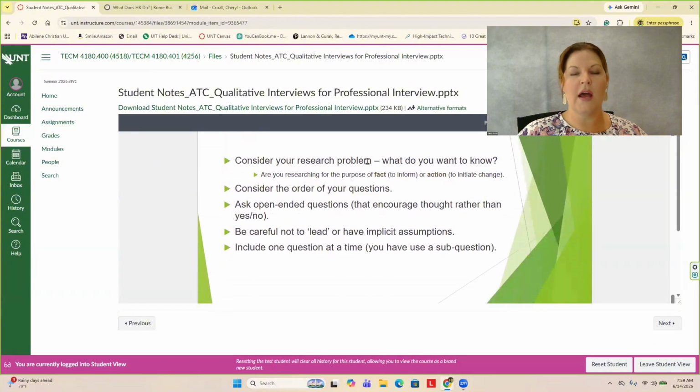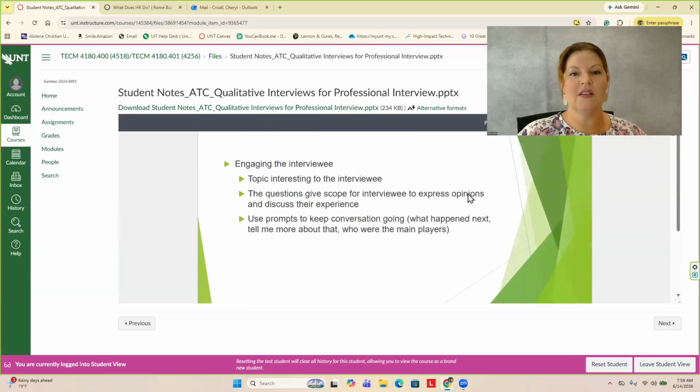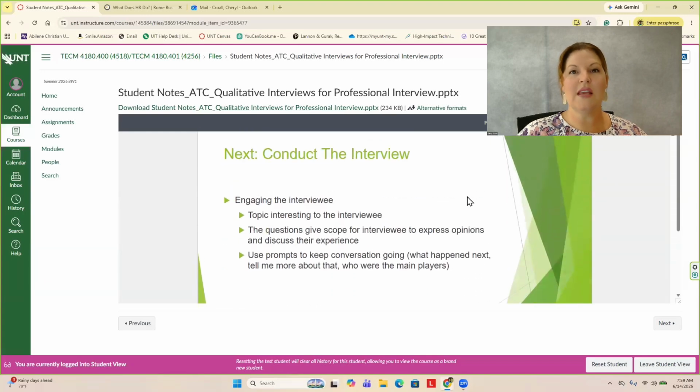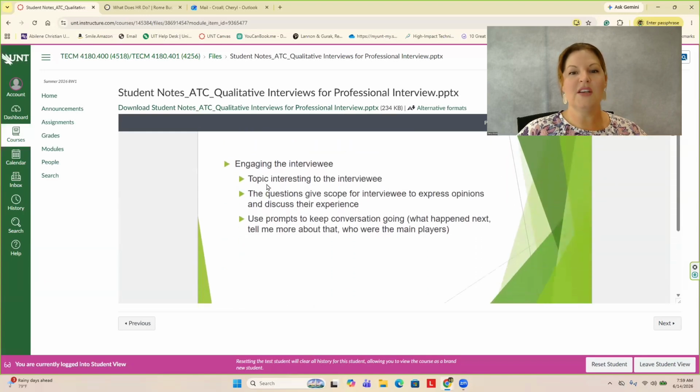Okay, so we're going to move on. Here are some other reminders about conducting the interview. When you move on to conducting your interview, make sure that you are engaging your interviewee. You might give them scope to express their opinions and their experience. And you can use prompts to keep the conversation going, like, what happened next?